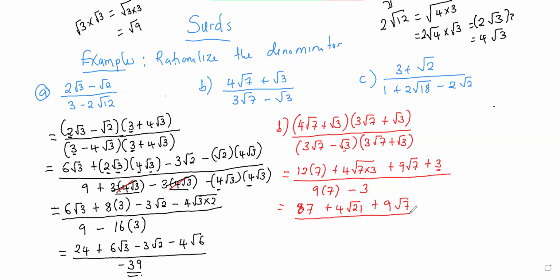And then 9 times 7, what is it? 63. 63 minus 3, we get 60. So we call it a rationalized thing there, because rationalize the denominator means get rid of any root from the denominator.